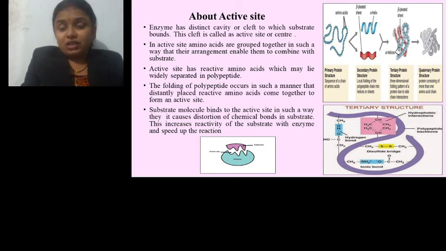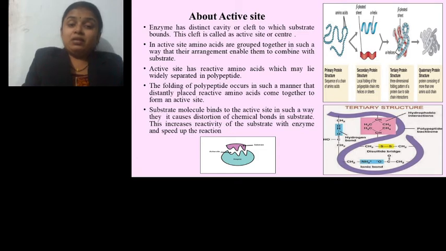And in tertiary structure of protein, folding occurs in such a way that the interactive environment is produced in the protein, and that interactive environment is called the active site. In some proteins, more than one polypeptide is present, and only in those proteins quaternary structure can be seen. The folding of polypeptide occurs in such a manner that distantly placed reactive amino acids come together to form an active site.